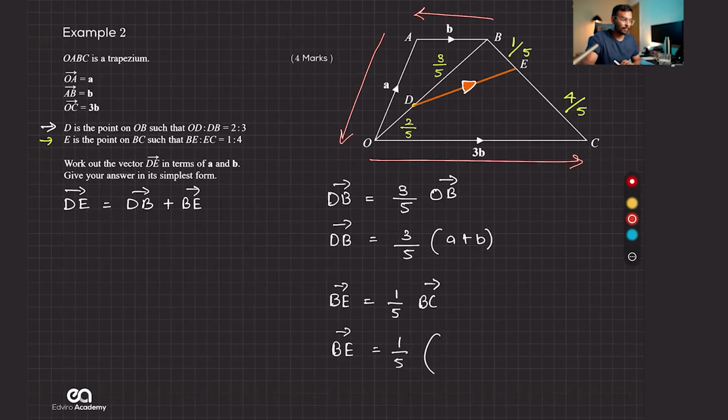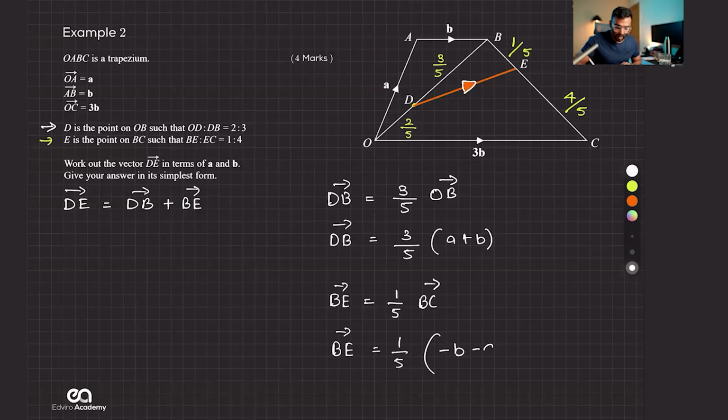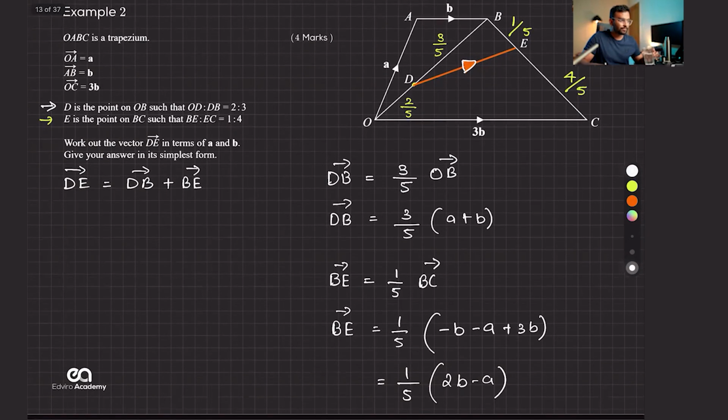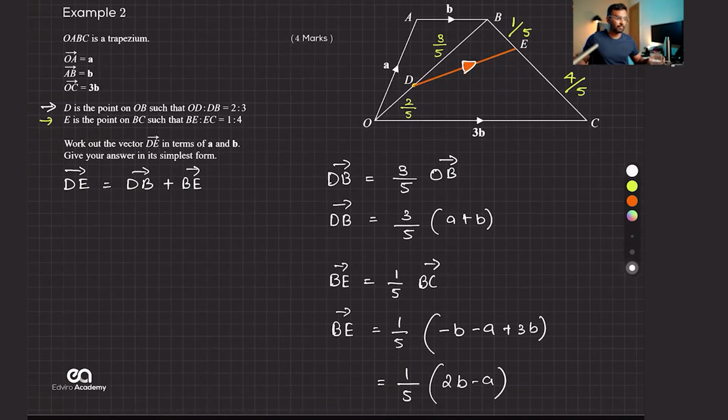Okay, can you type in then, what would be the value? So I'm writing minus B minus A plus 3B. Would you all agree if I write it as 1 by 5 times 2B minus A? Got it?